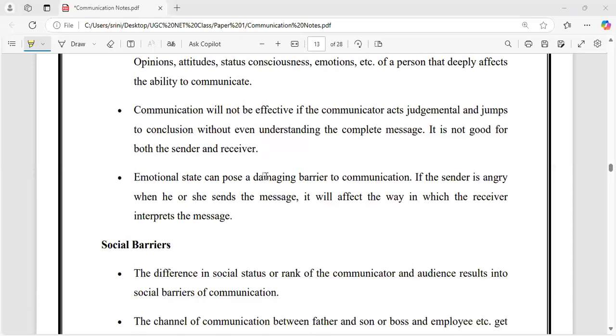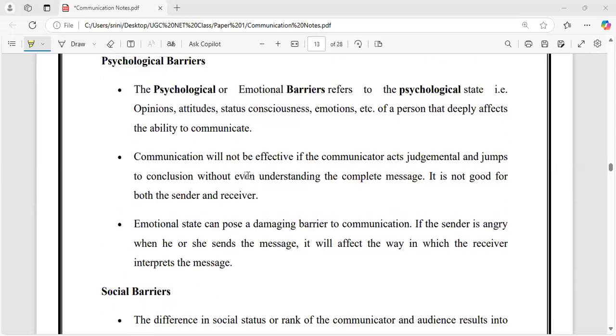Communication will not be effective if the communicator acts judgmental and jumps to conclusions without even understanding the complete message. It is not good for both sender and receiver. This happens mostly between friends and husband and wife, maybe.